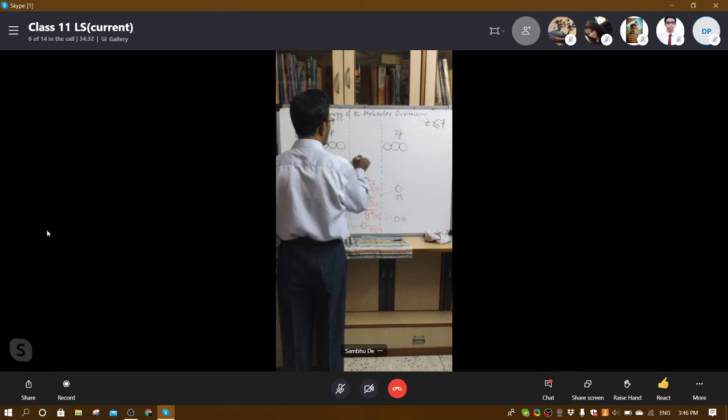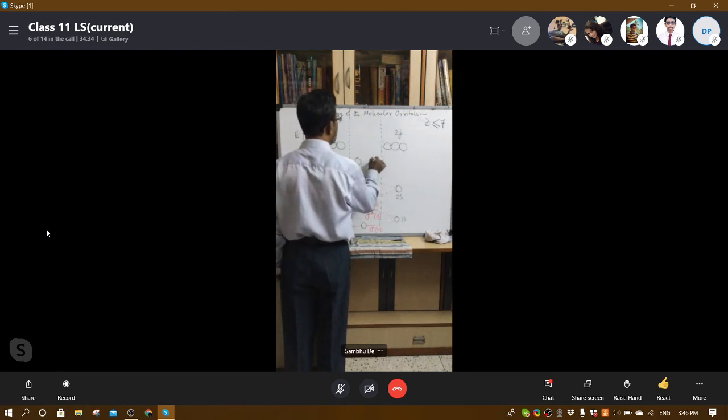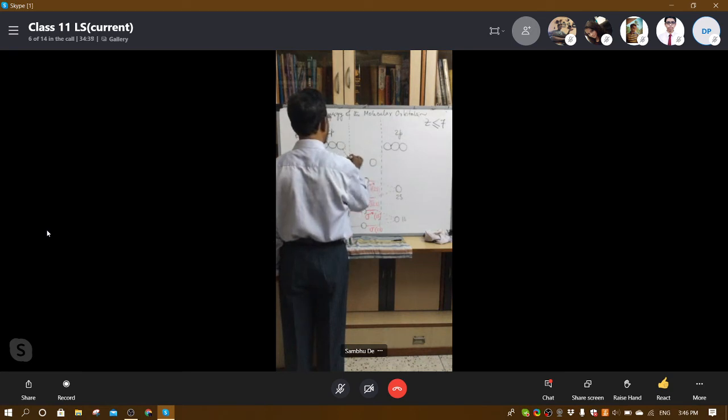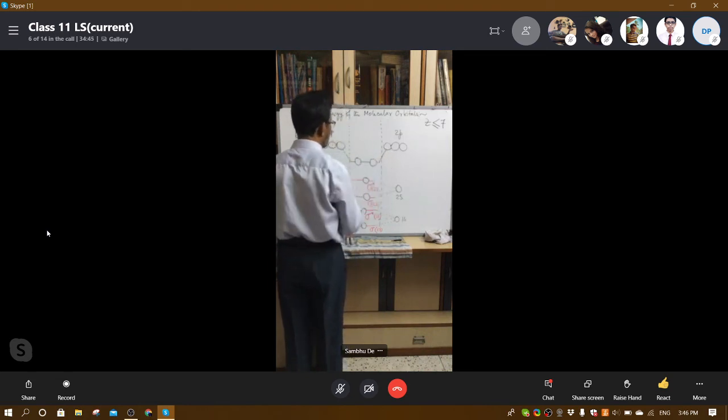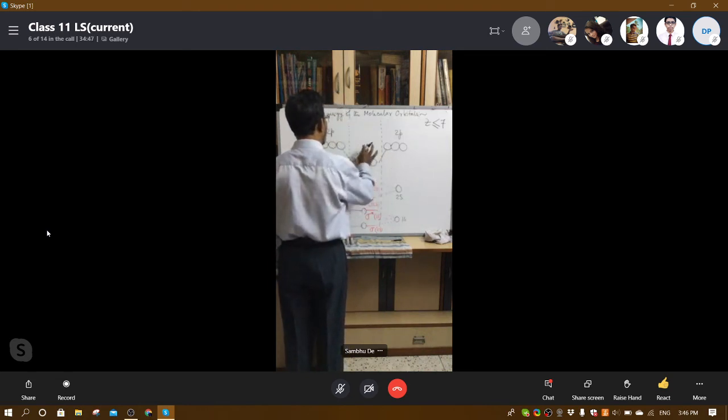There will be 2 orbitals formed here, like this.